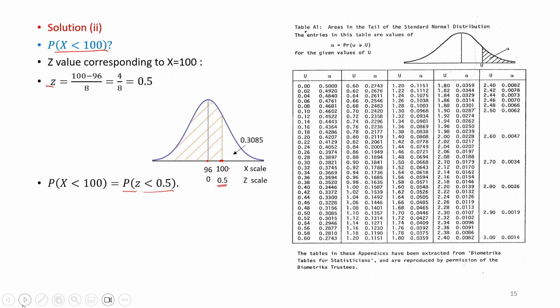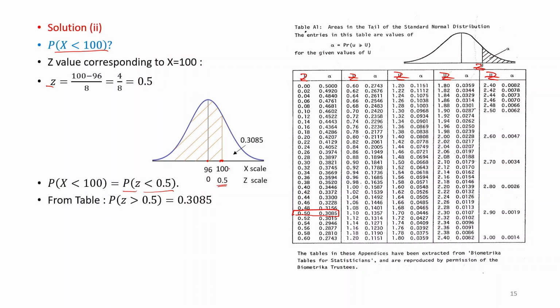So we consult the table. Then where is the value of 0.5 Z? And if I go to that value 0.5, we come over here. Where is 0.5? Here it is 0.5. For Z 0.5 the corresponding area is 0.3085.